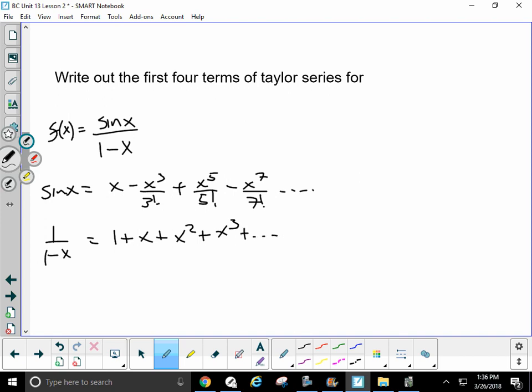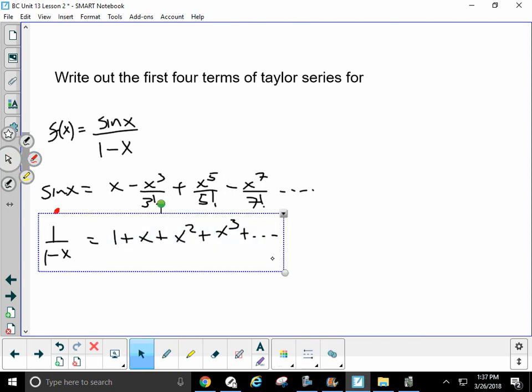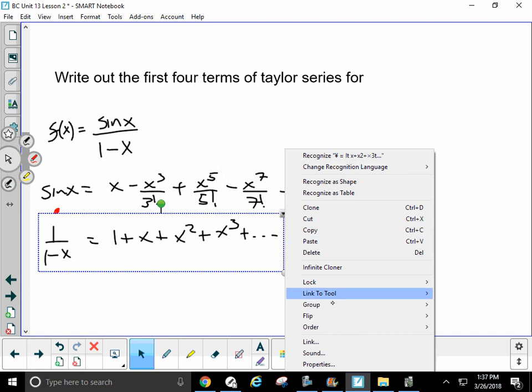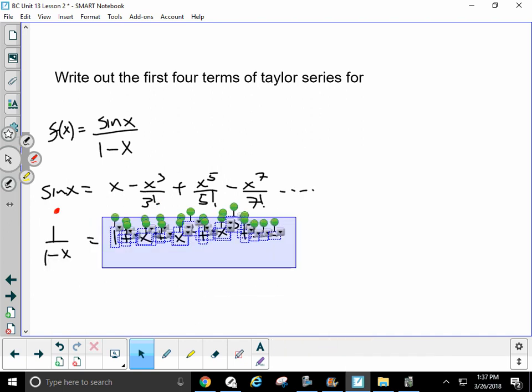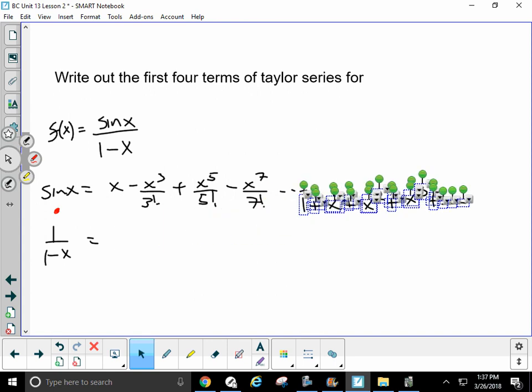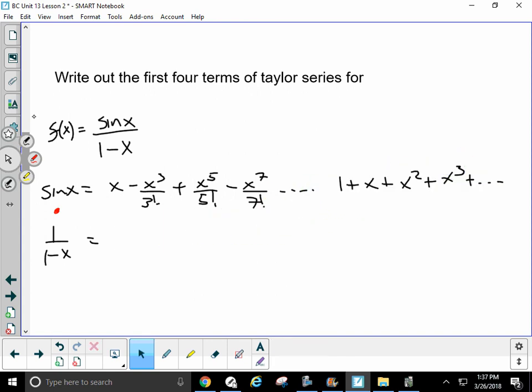What should I do with both of these so that I can have sine x over 1 minus x? You're going to multiply them. I need to take this and multiply it by that, which means I'm going to be taking these terms, assuming they go on forever and ever, and multiply these terms by those terms.